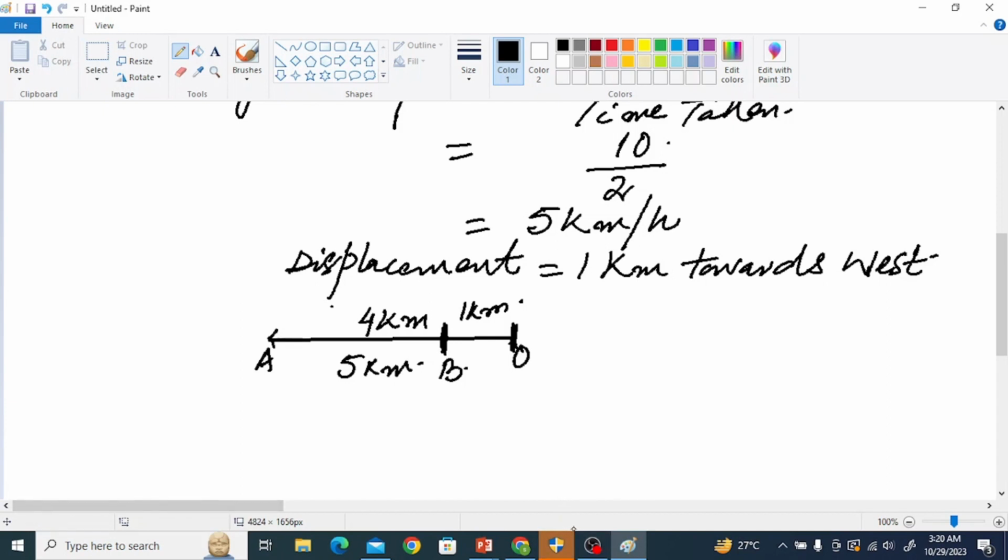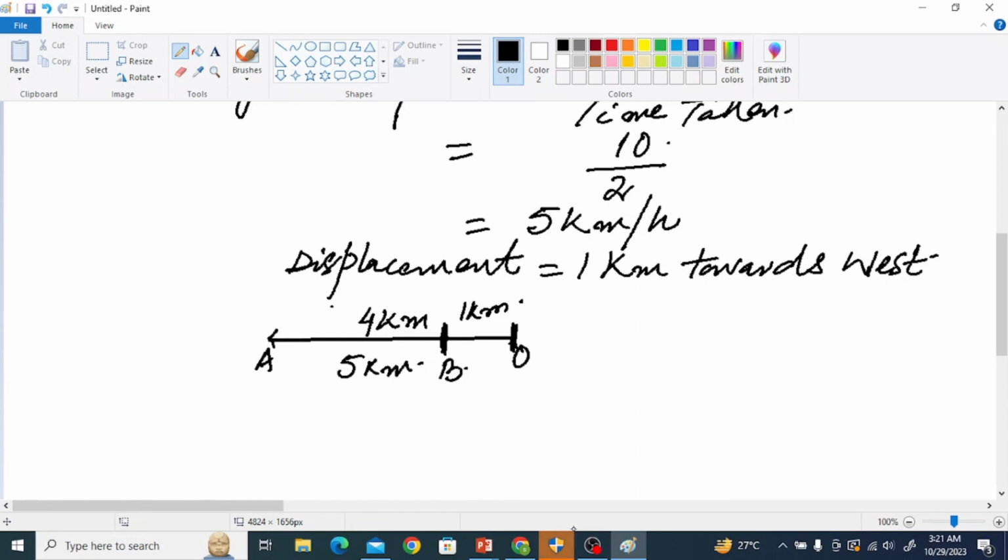For finding the distance, it's very simple. Just for finding the total distance, simply add the values given to us for the distance covered. But for displacement, we have to consider the direction in which the body is traveling for the first interval of time and then for the second interval of time.